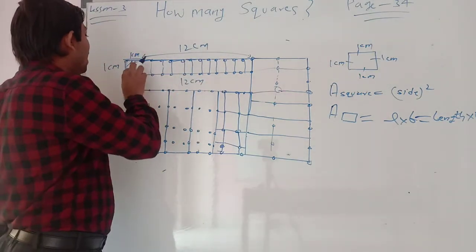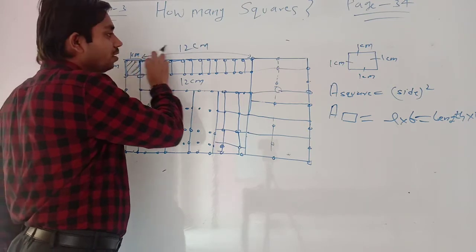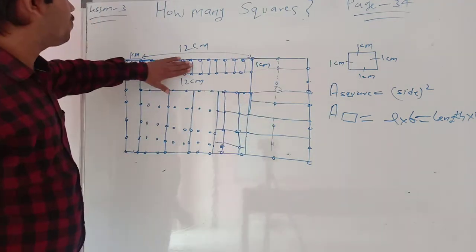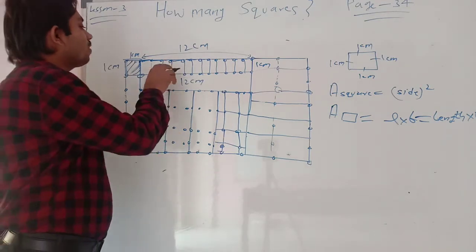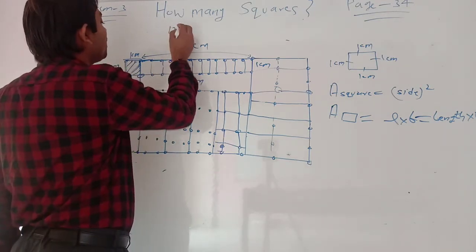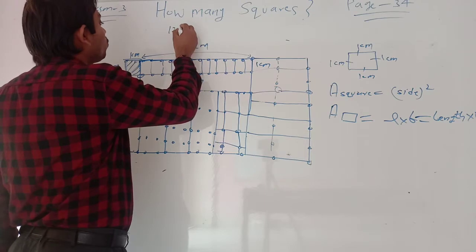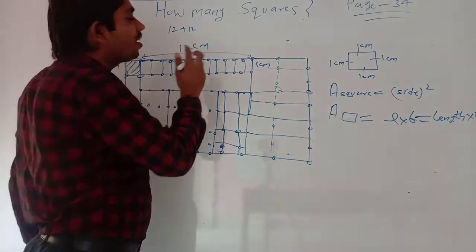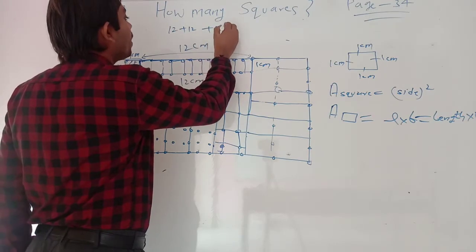This side and this side are also 1 centimeter. This is also 1 centimeter. Now what will be the perimeter for this rectangle? Do the sum of all sides. There are 12 two times, do the addition. There is 1 also two times, do the addition, my dear students.